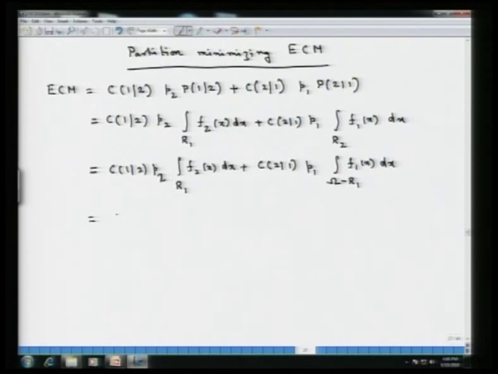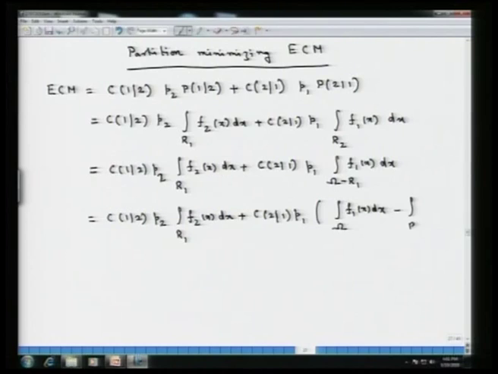So, what we can see from this expression is the following: C(1|2) into P2, integral over R1 of f2(x) dx, plus the first integral now gets split into two terms, P1 times the integral over omega of f1(x) dx, minus the integral over R1 of f1(x) dx. So, this is going to lead us to the expression written here.